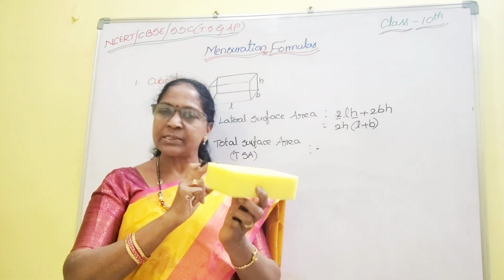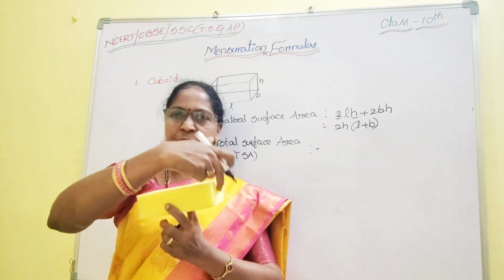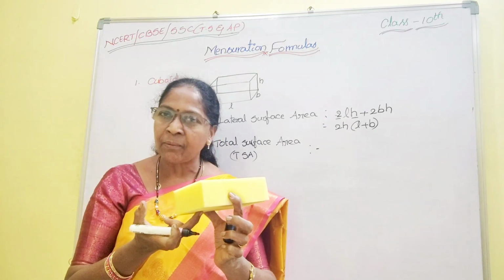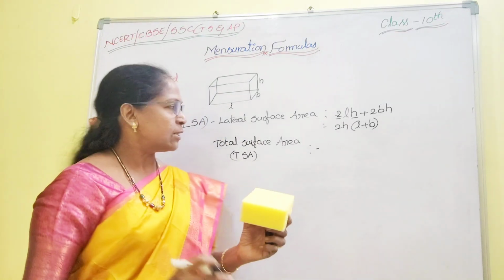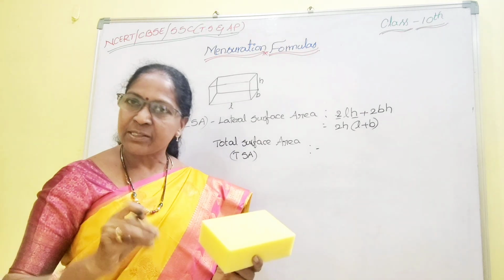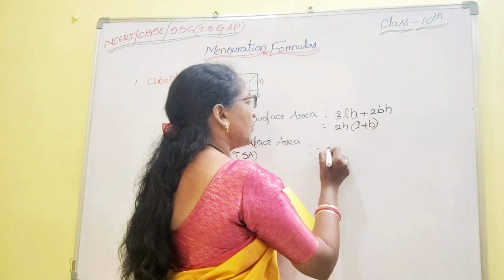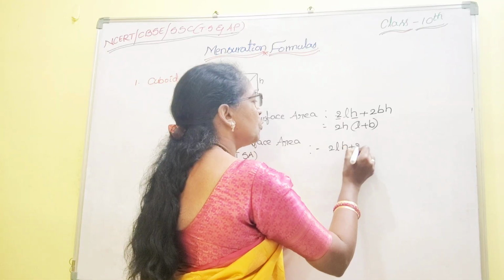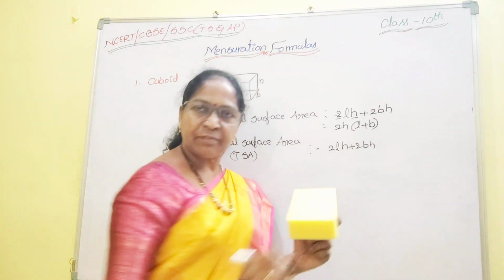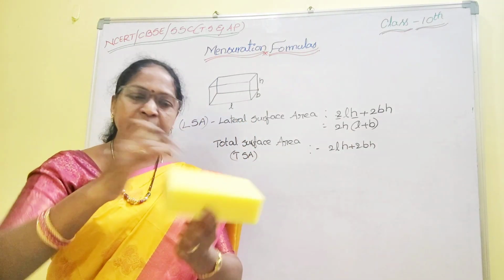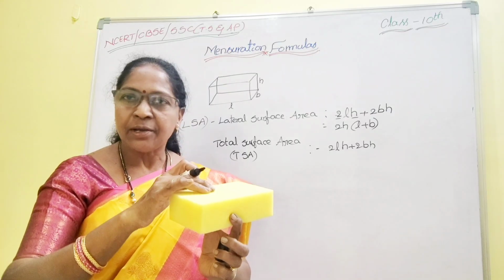Why? Because 4 sides, 1, 2, 3, 4, as well as up and down. So 6 sides' areas you should add. 4 sides' areas we already know. Just here you write 2LH plus 2BH. Don't take it as common first. Later, these up and down areas also you should add.